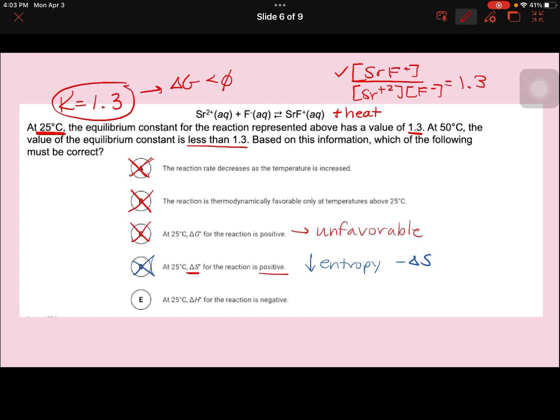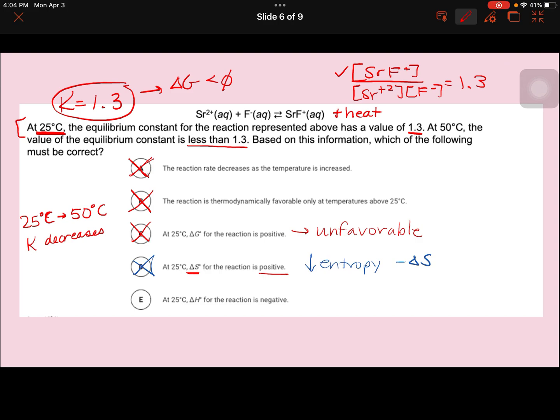Let's look at a couple things here. We are told in the prompt that when the temperature jumps from 25 degrees Celsius to 50 degrees Celsius, my K value drops. We know from our equilibrium unit that the only thing that can change the value for K is changing the temperature of the system.